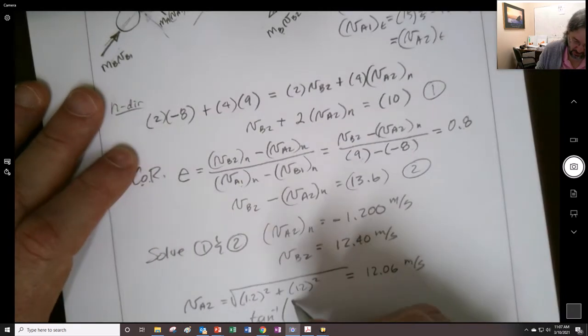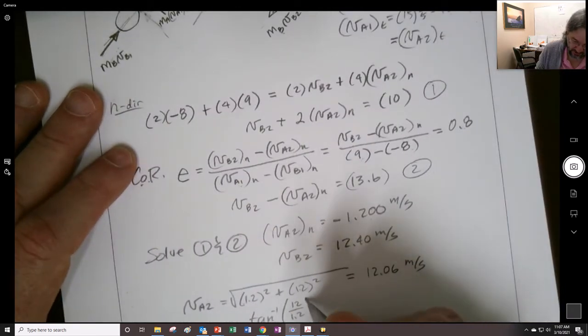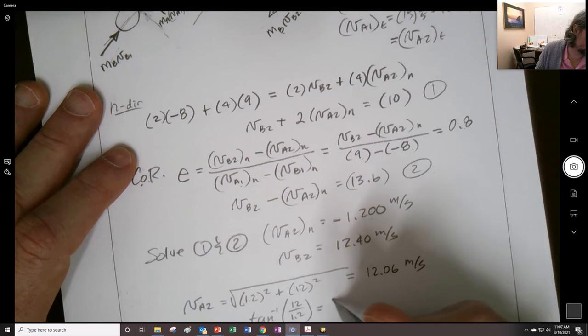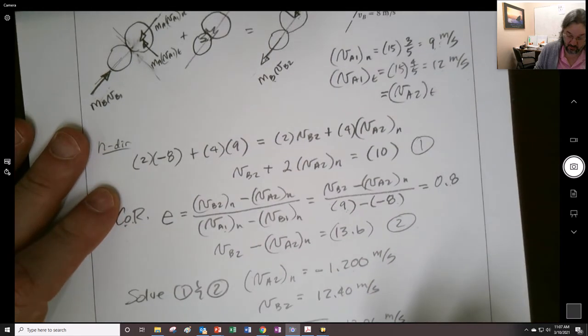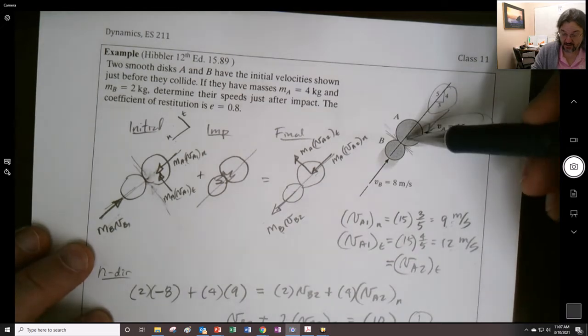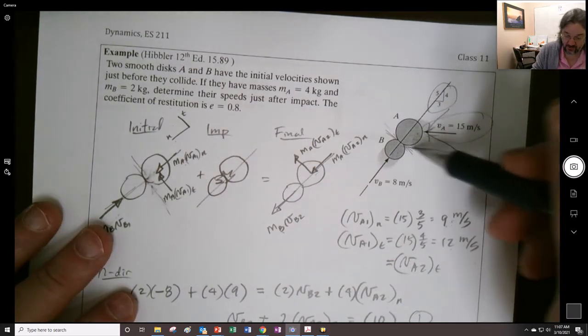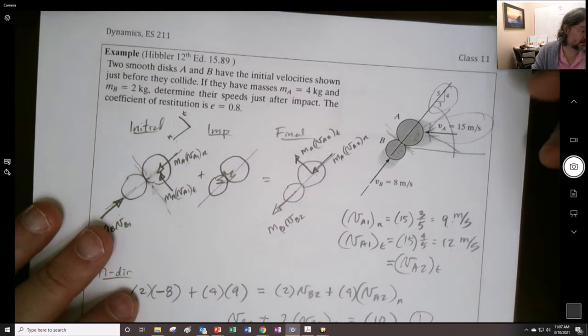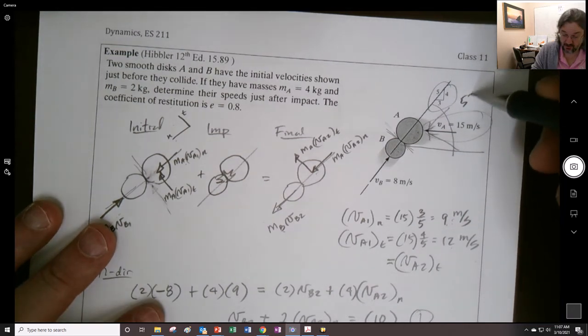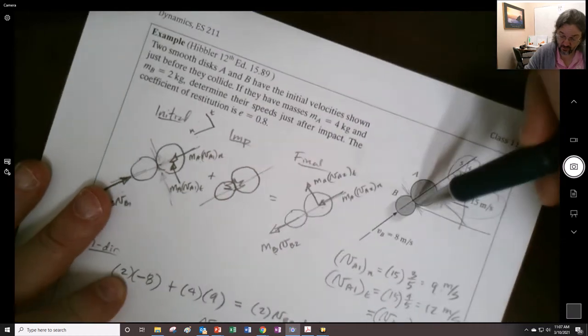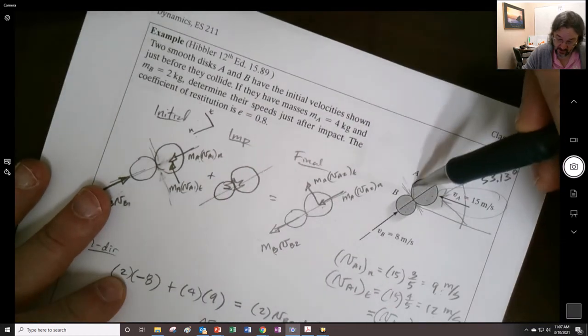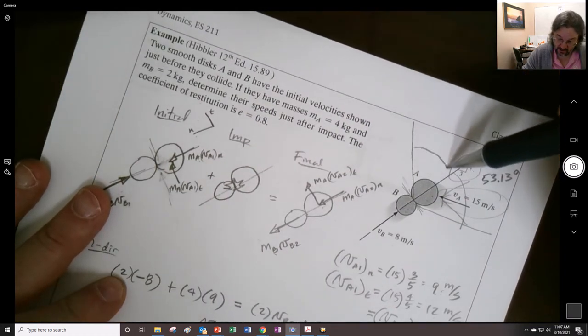Yeah, it's going to be 12 over 1.2, and I end up getting 84.29 degrees, but that's with respect to this axis right here. So if I were to find out what this angle is right here, it's 53.13 degrees.